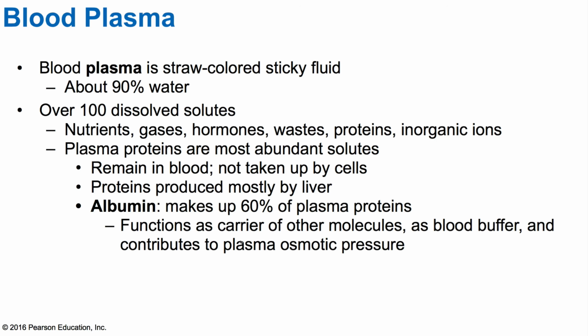Aside from albumin, salts, which are also found in plasma, also help keep the plasma within the blood vessels. Aside from the function to regulate osmotic pressure, albumin also functions to carry other molecules as well as to buffer blood.